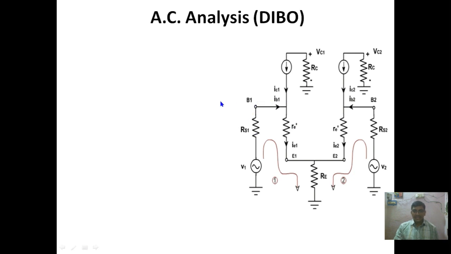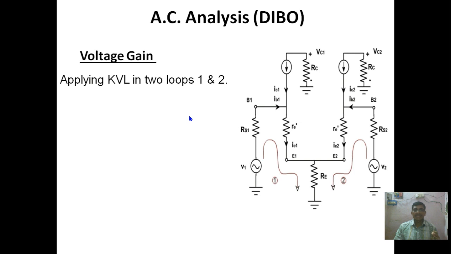Okay, so here we have to apply KVL for both input side loops. This is loop 1 and this one is loop 2. Here V1 and V2 are the AC input signals. So in order to calculate the voltage gain, we are applying KVL for both input side loop 1 as well as loop 2.